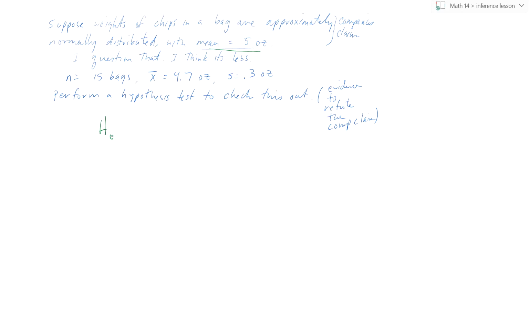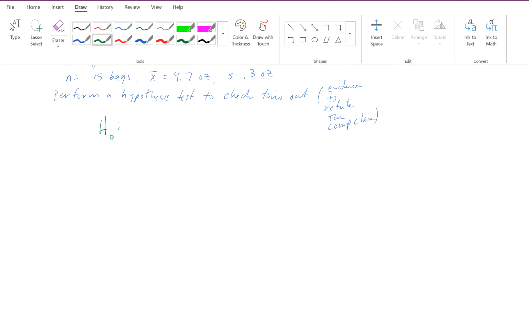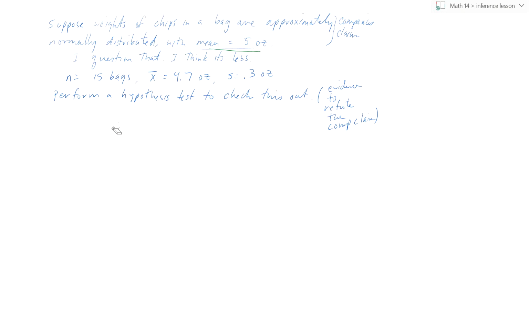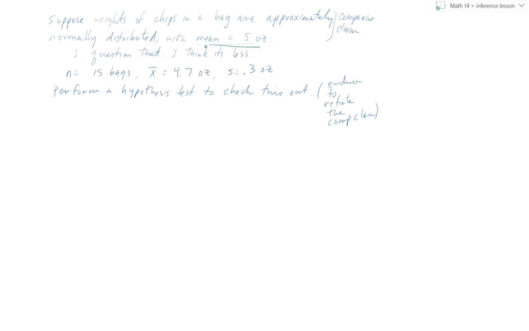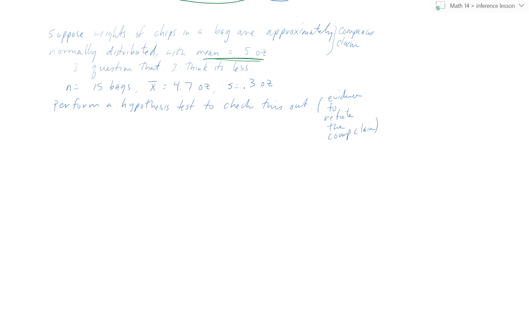So H0, the company's claim, is that mu equals 5 ounces. I think it's less than 5. That's what we said. We think it's less.